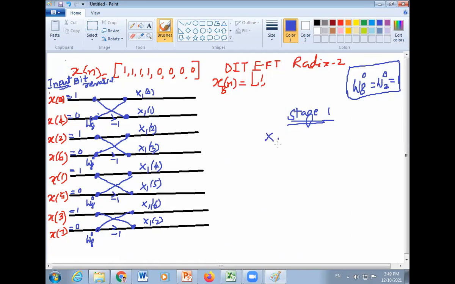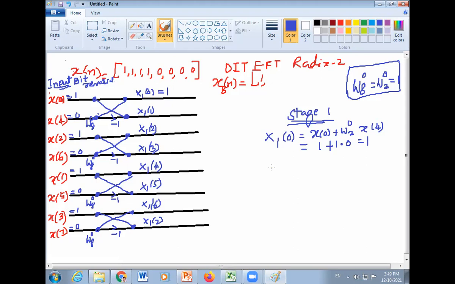So x1 of 0 is equal to what? Can anyone tell me? x1 of 0 will be x of 0 plus W2 to the power 0 times x of 4, which equals the value of x of 0, which is 1, plus W2 to the power 0, whose value is also 1, into 0. So we get the value of this as 1.